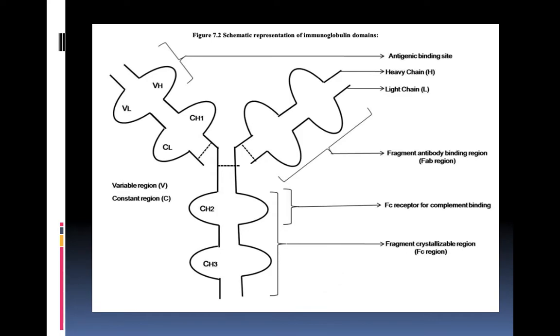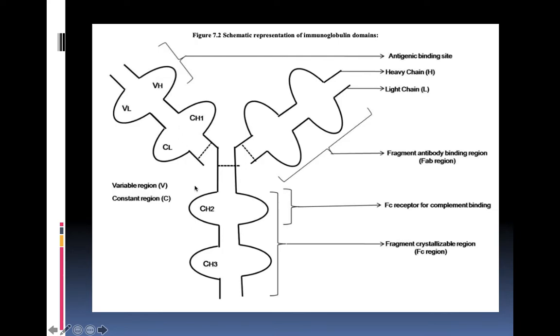So let's examine in detail the variable and the constant regions. The amino terminal variable regions found in both the heavy and light chain are responsible mostly for the antigen recognition process.